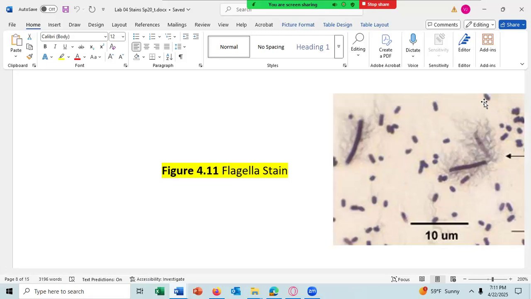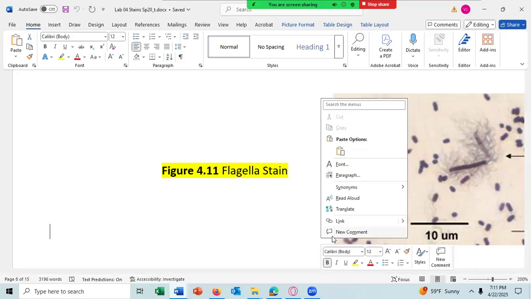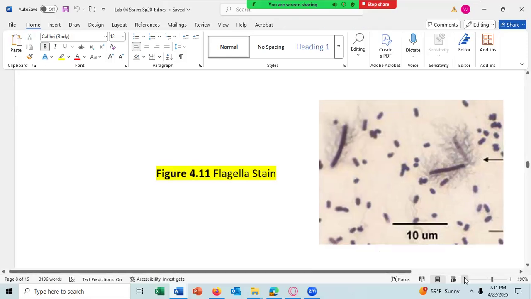And eventually this cell here, assuming it lives, will become peritrichous. And so we call this a peritrichous. You always call it by the highest number of flagella you see. You do not call the cell all the possibilities. Let me see if I can shrink this down and go back.